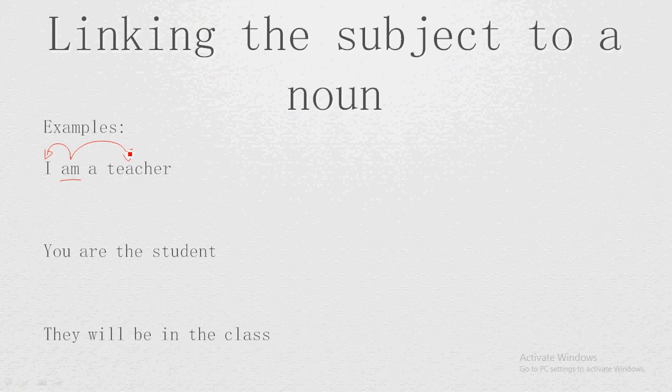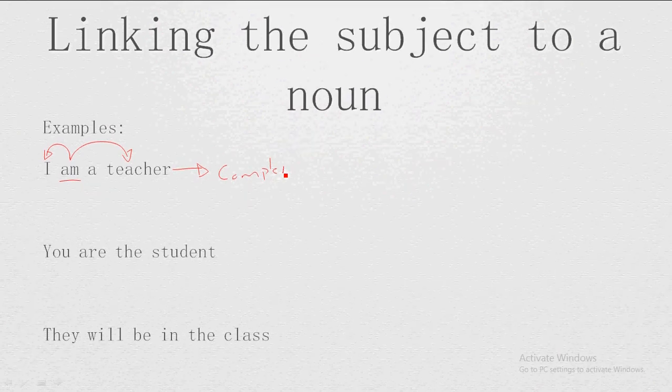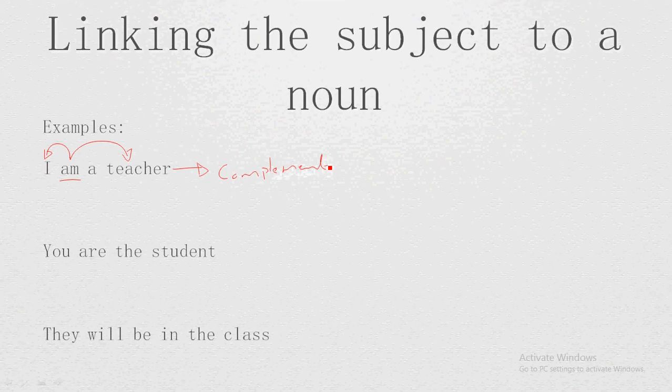This word is called a complement, C-O-M-P-L-E-M-E-N-T. The linking verb am links the subject I to a word that identifies what I is.